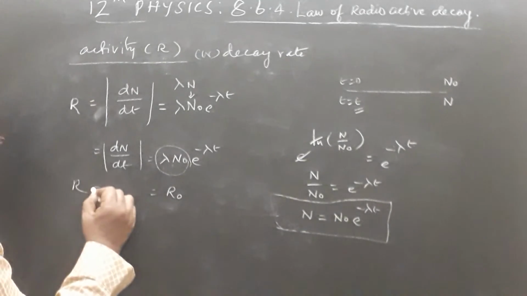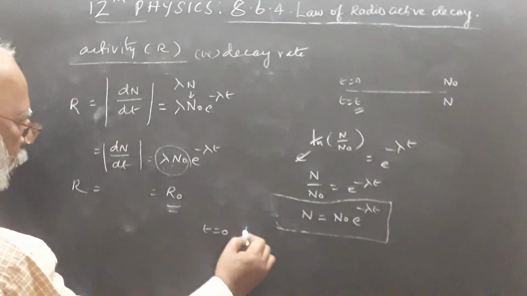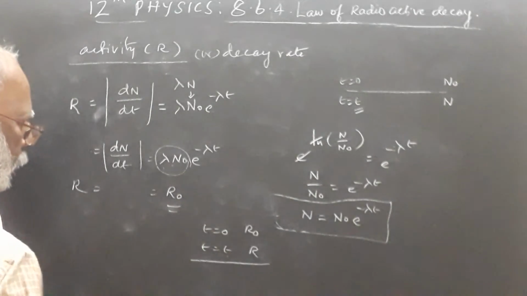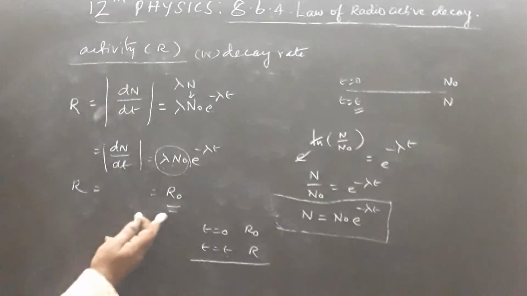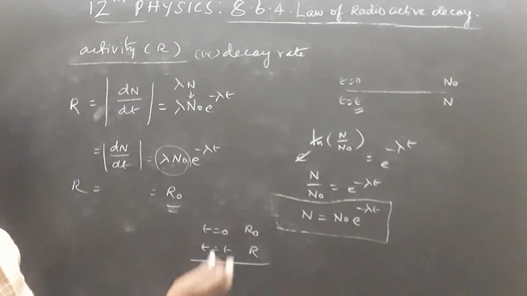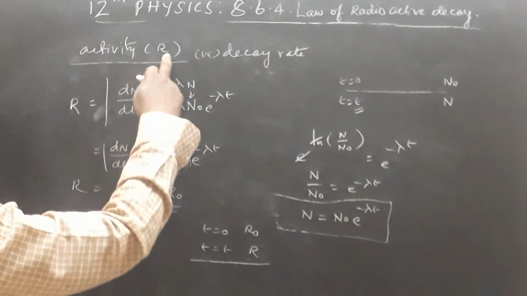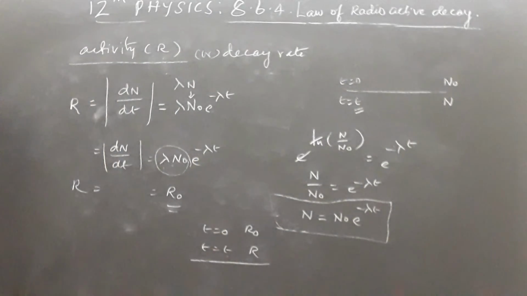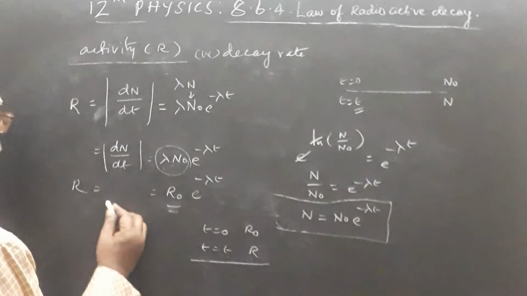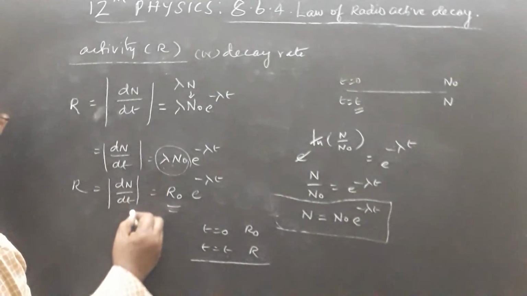R naught is the activity when t equals 0, when there is no decay. When t equals t, the activity becomes R, after t seconds. So R equals R naught into e power minus lambda t. This is a very fantastic phenomenon that you have to understand.